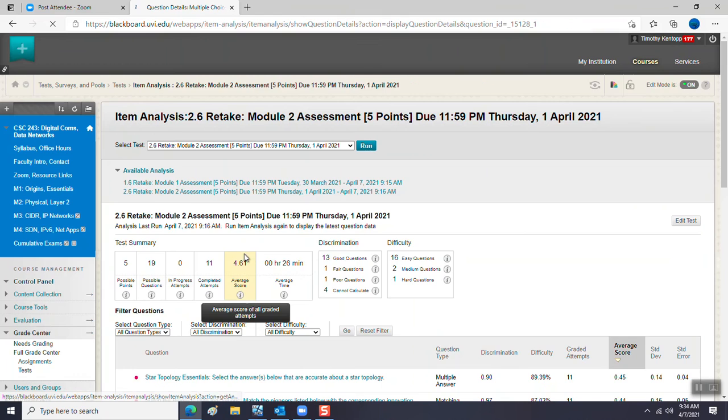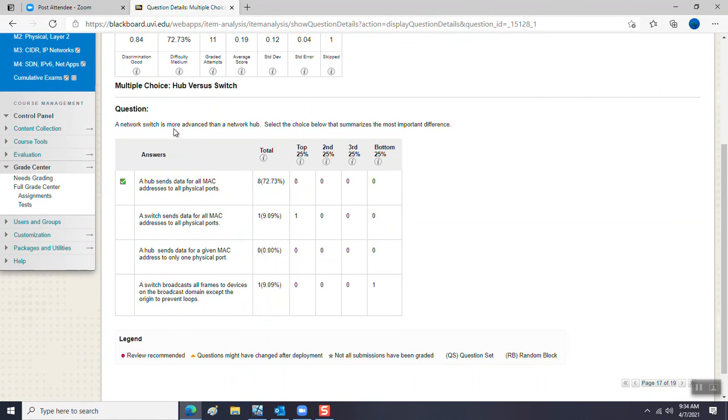Hub versus switch. A network switch is more advanced than a network hub. Select the choice below that summarizes the most important difference. A hub sends data for all MAC addresses to all physical ports. So it's basically just a multi-port repeater. That's what a hub is. A switch doesn't do that.